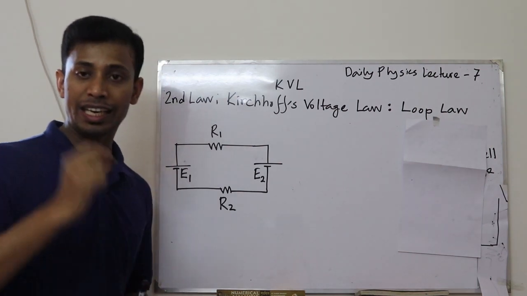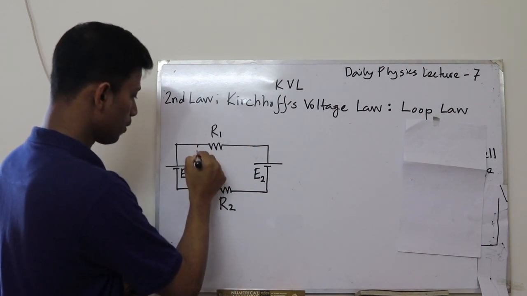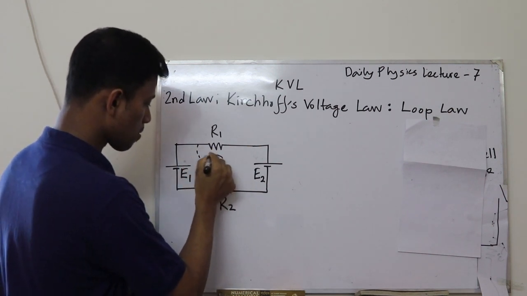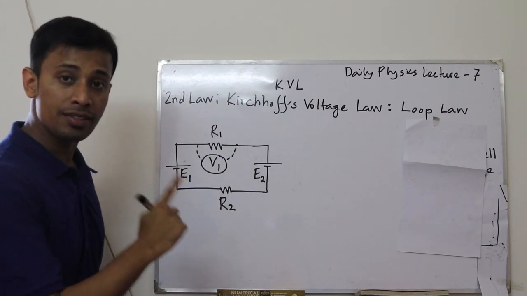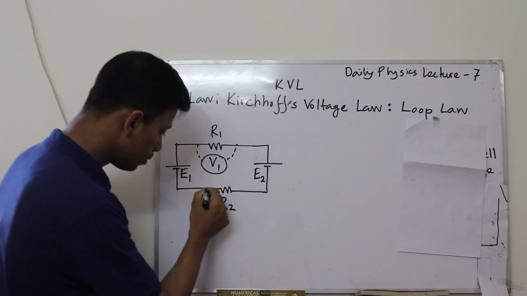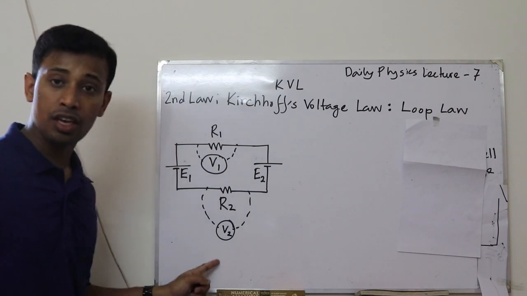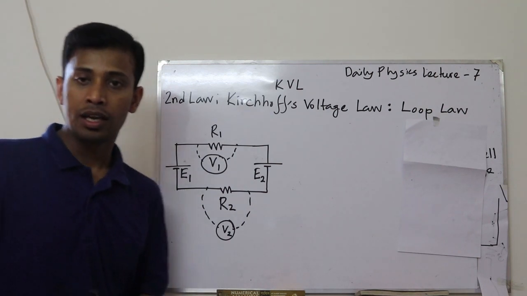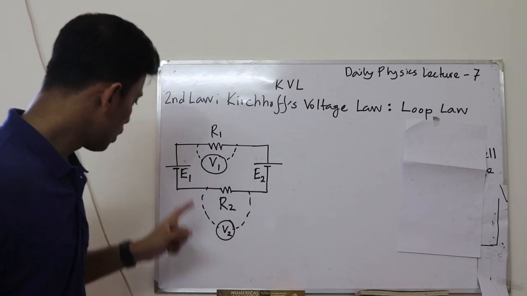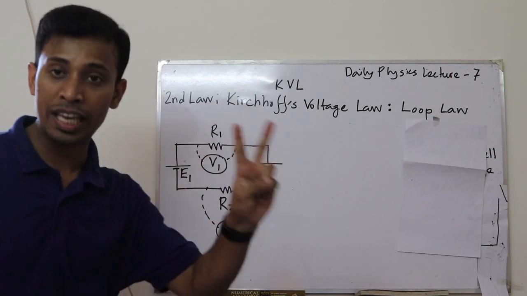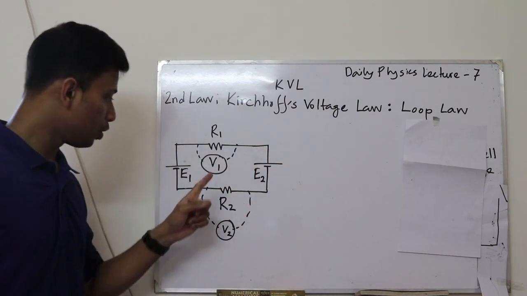The voltage used by R1 is V1 and the voltage used by R2 is V2. Then in this circuit, E1 and E2, these two are providing voltage to the circuit.